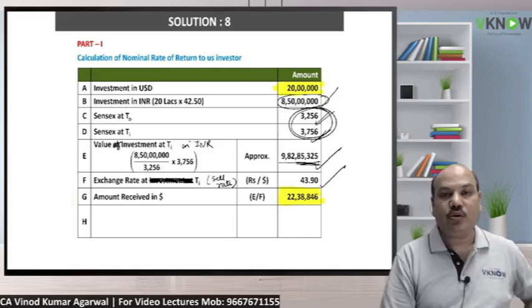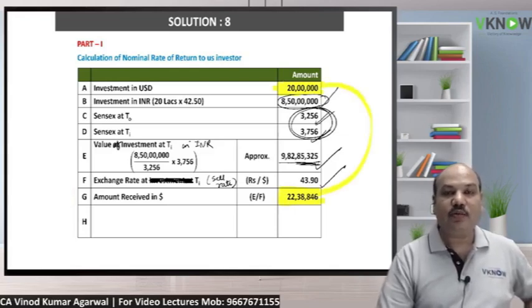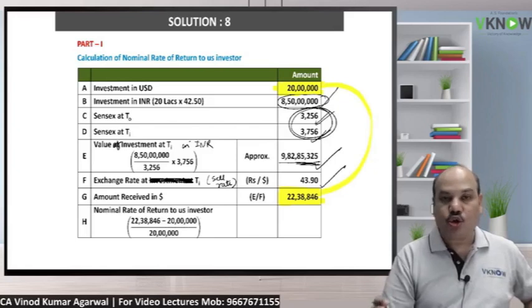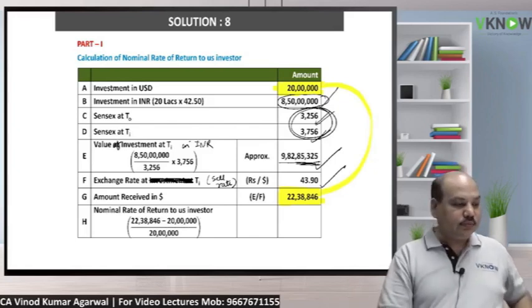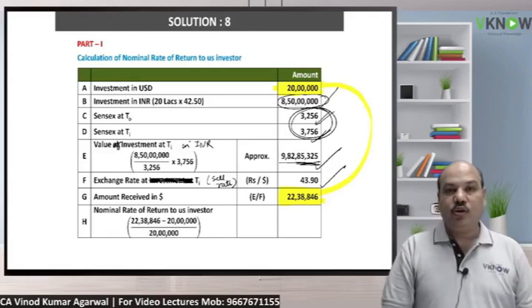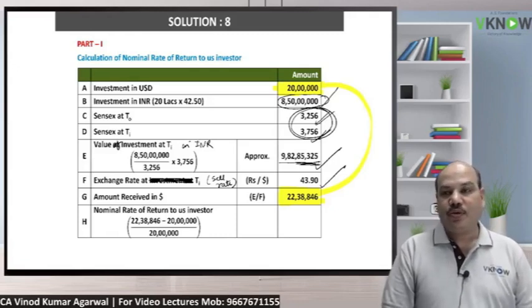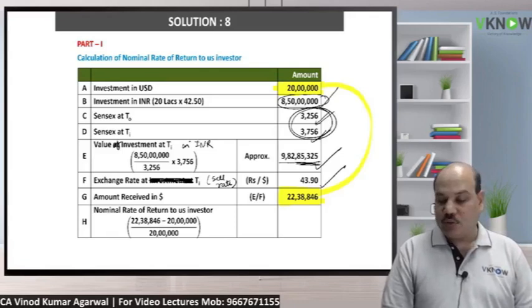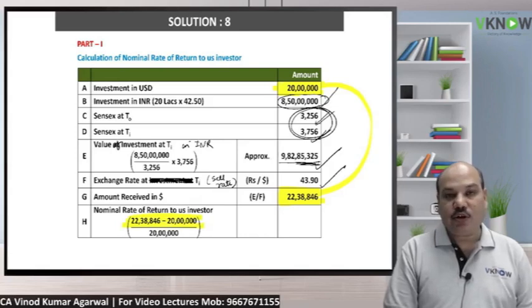Now you will understand, this is what I got after 1 year, and this is the 20 lakh we have invested a year ago. Compare these two. So there is a gain, and this is the nominal rate of return to the US investor. So write down nominal rate of return to the US investor. 2238846.